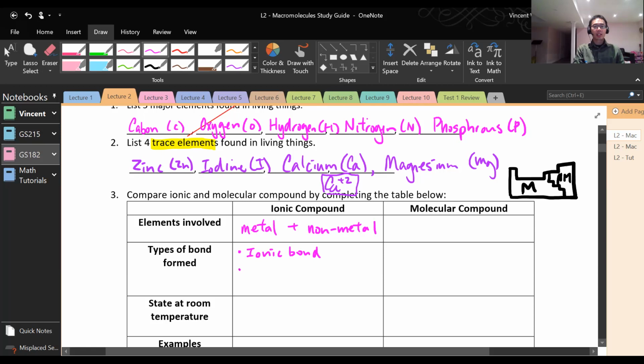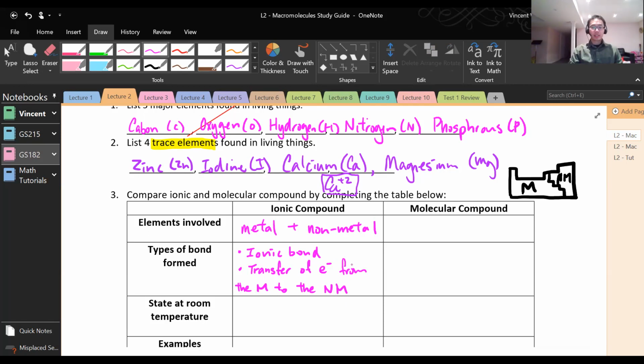In an ionic bond, we have a transfer of electron, or electrons, could be more than one, from the metal to the non-metal.